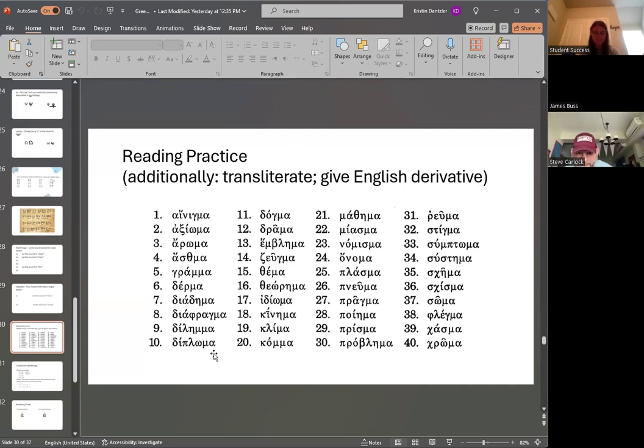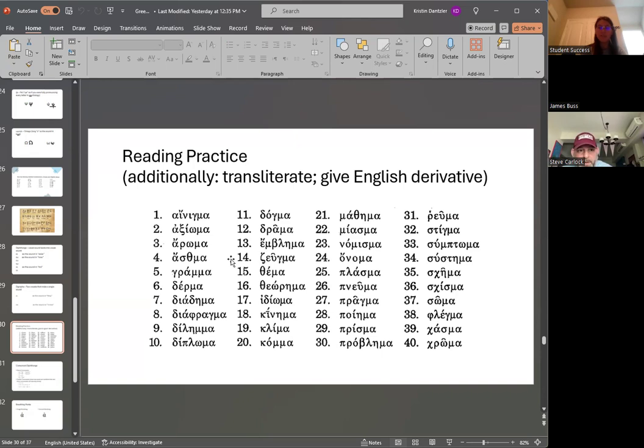Okay, so let me see, number 14. Zeta, good. Epsilon. Nu. Not nu, not in this case. Oh, this is upsilon. Yeah, I'm getting those two mixed up. To help you out, if it has an accent, in this case a circumflex over it, it is definitely an upsilon, because a nu will never have an accent mark.